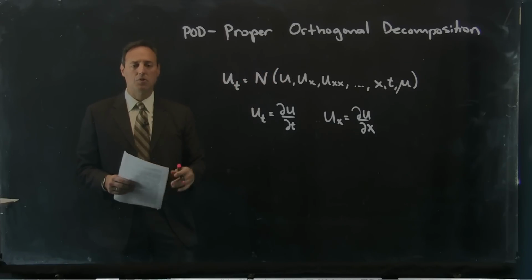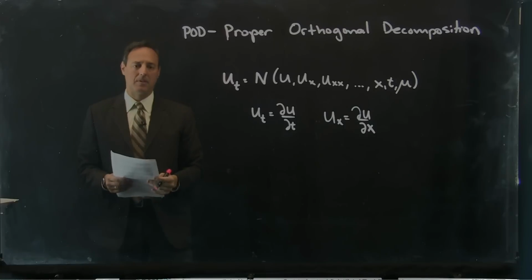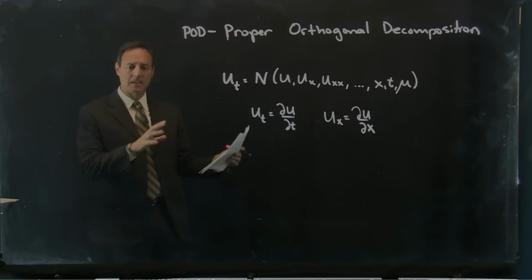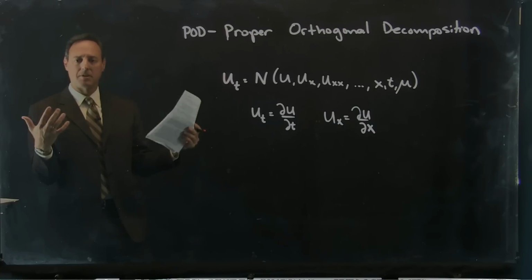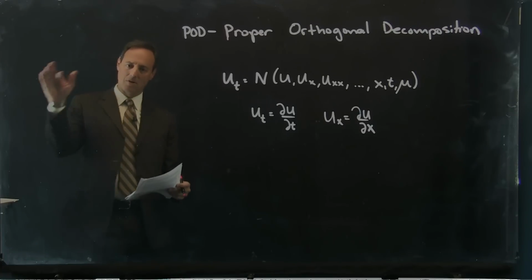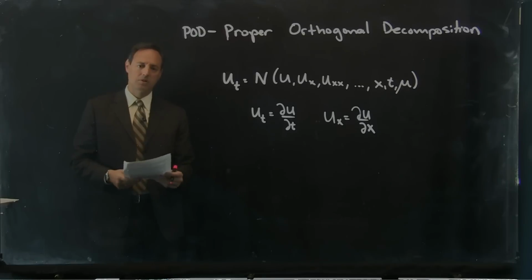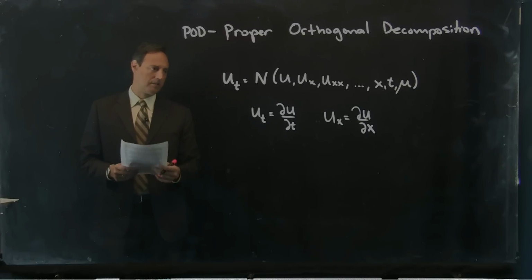Okay? So this is going to be how we think about setting up what we want to do with this POD method, which is we want to solve this. And typically this might be some very high dimensional system. You might be solving a fluid flow problem, or thinking about solving atmospheric advection and diffusion, and you'd like to figure out how to be able to do something like this.